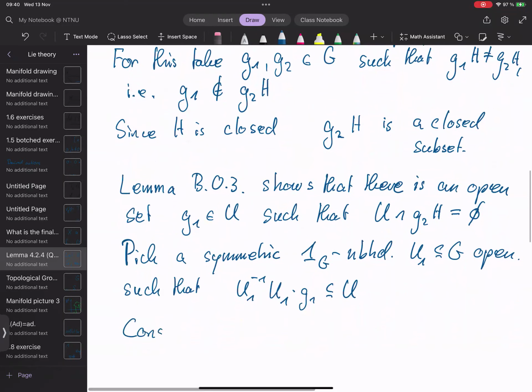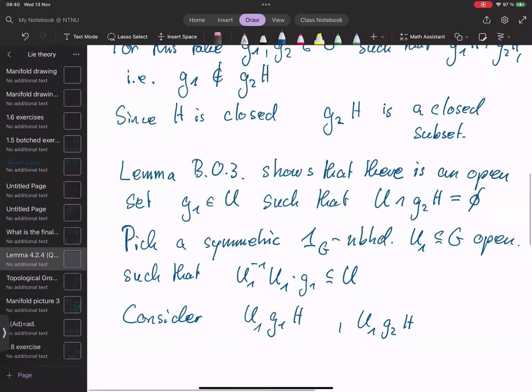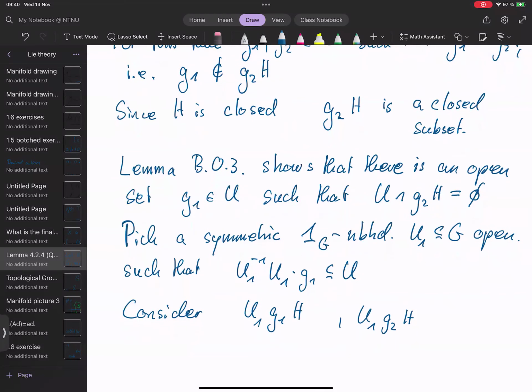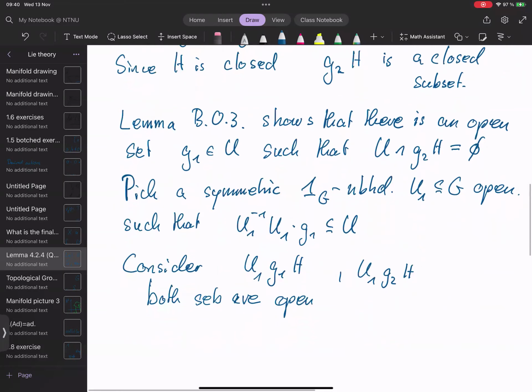Let us now consider the sets U1 G1 H and U1 G2 H. First note that both sets are open, since Q is an open map.